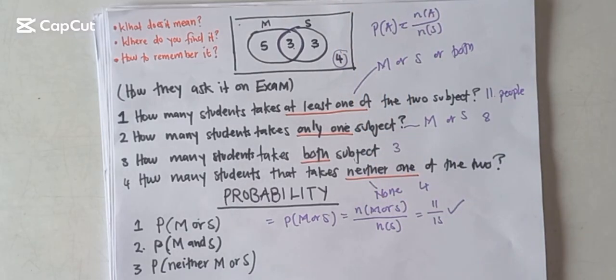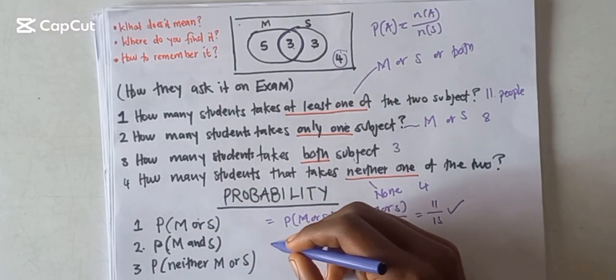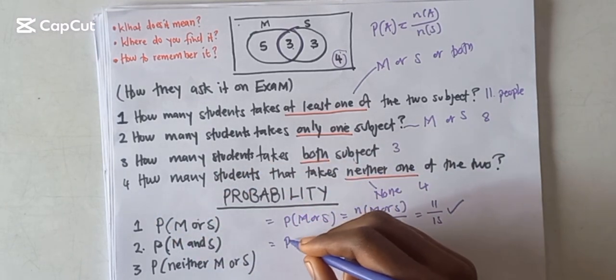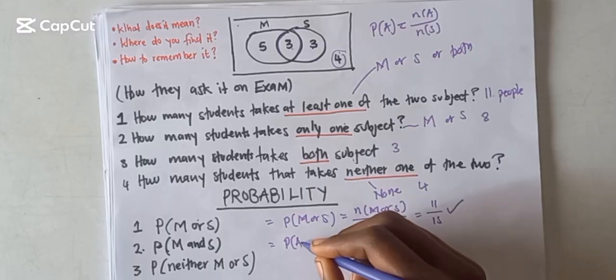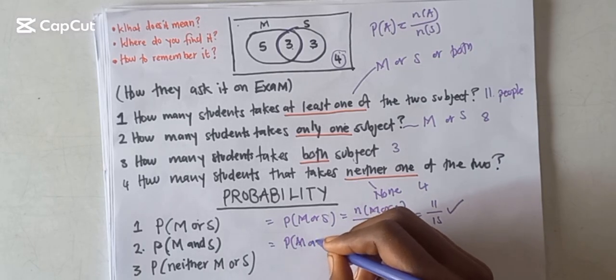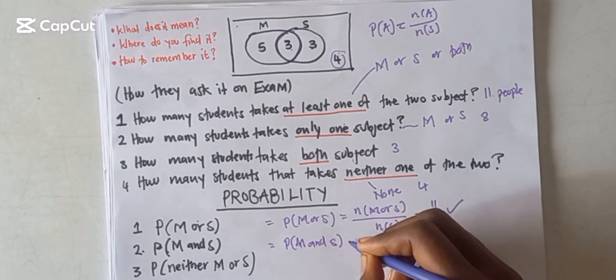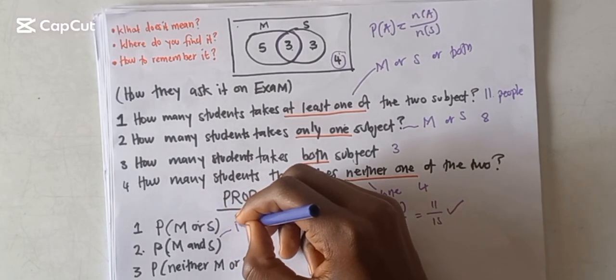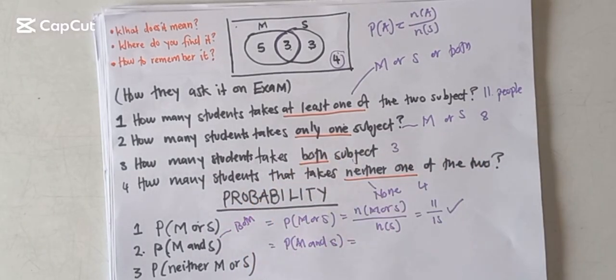Going to the second one, on this kind of probability, when they say the probability of M and S, what do they mean? This one is the same as both. You can note this one.